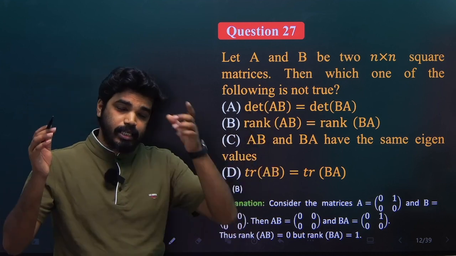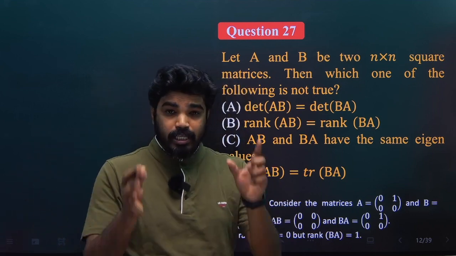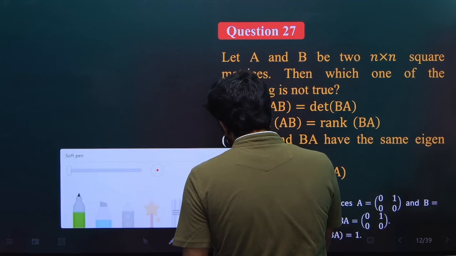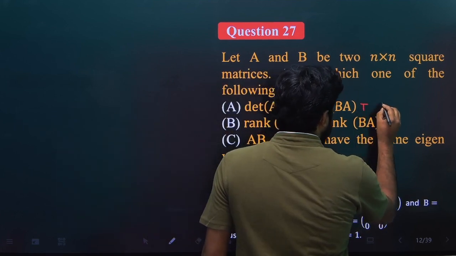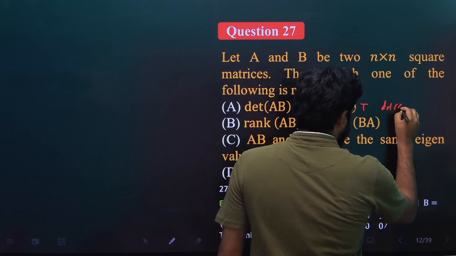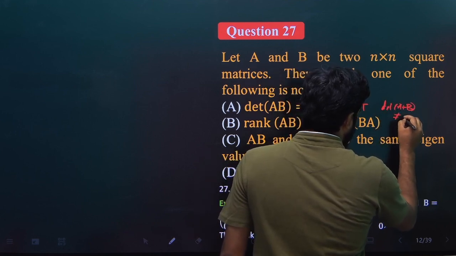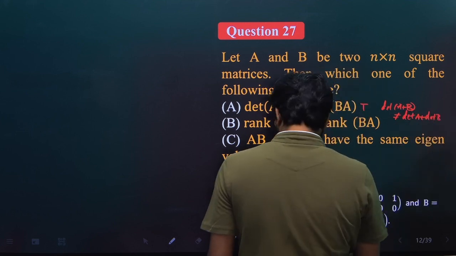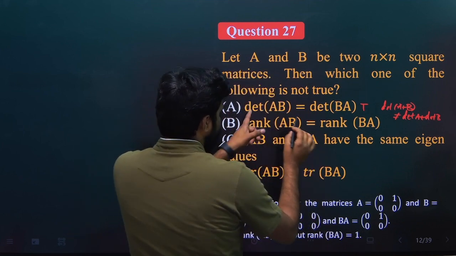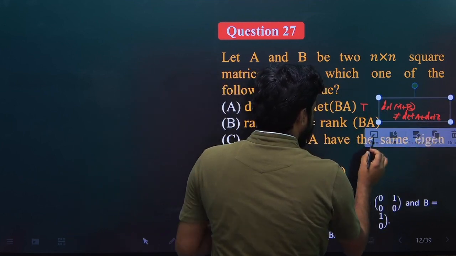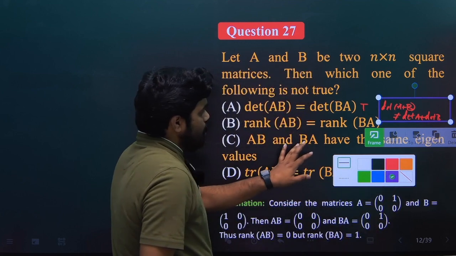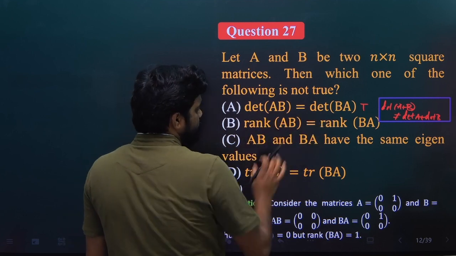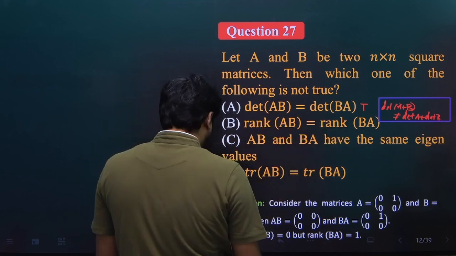We know that determinant of AB is equal to determinant of BA, but determinant of A plus B is not equal to determinant A plus determinant B. Rank of AB is equal to rank of BA, that is false.